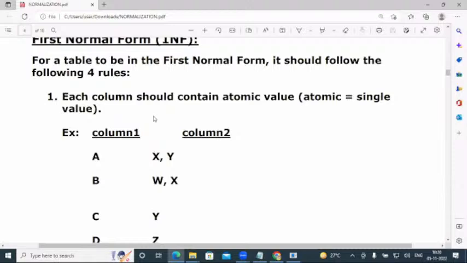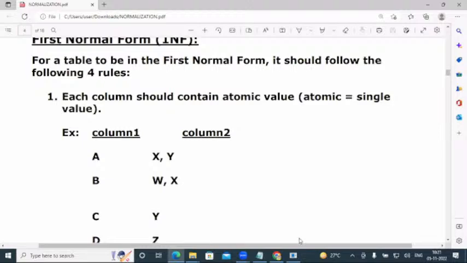So if I store multiple or a group of values in a single row cell of a particular column, then the table does not satisfy normalization. That is the reason why, in real time, 99% of people avoid user-defined data types. Got my point?